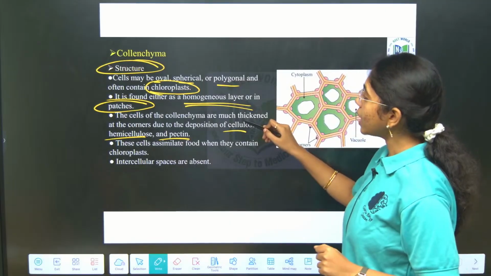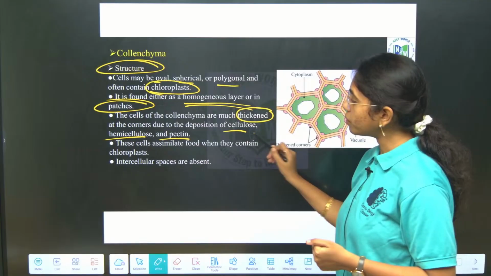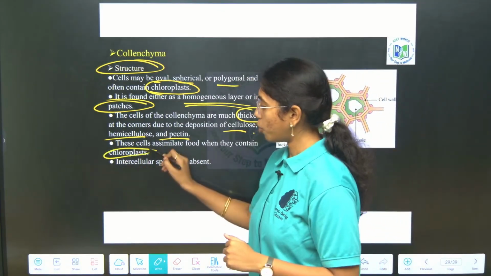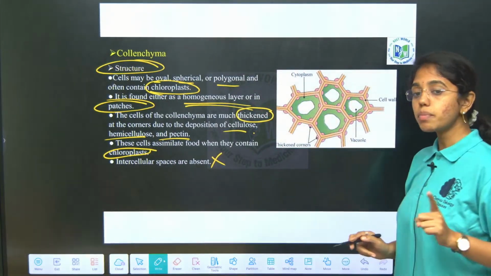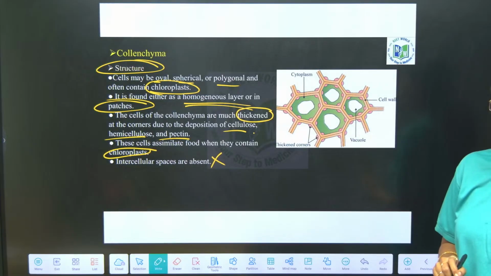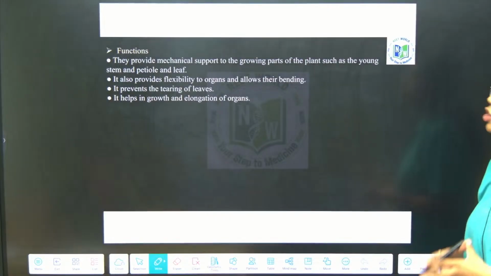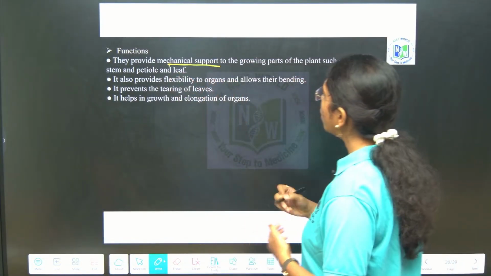No. The cells of collenchyma are thickened at the corners because of these depositions. These cells assimilate food as they contain chloroplast. Intercellular spaces are absent in collenchyma, whereas in parenchyma small intercellular spaces are present.